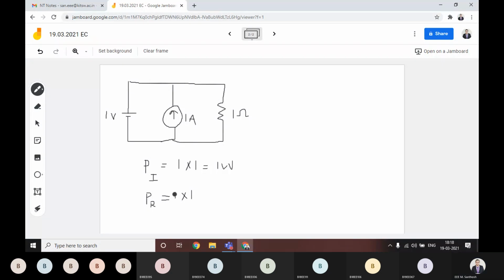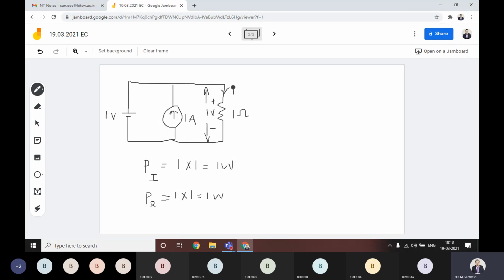And how much is this? 1 watt. I hope you are getting it. The voltage across this resistor is 1 volt.